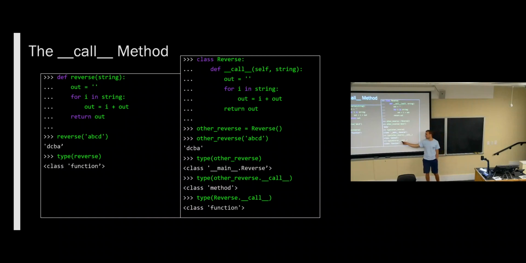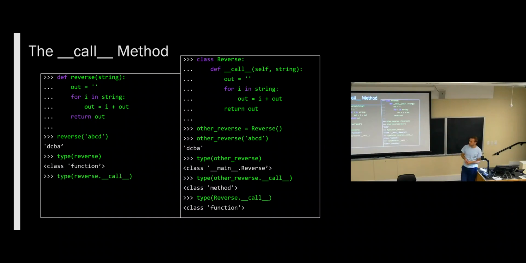Here we're referencing .dunderCall on our class itself, which actually gives us a static reference to that method as if it were a function. So if we were to try to call this thing, we would have to then put in self manually. Okay, so that makes sense, right? Because a method is something that's bound to an object, and a function is something that isn't.